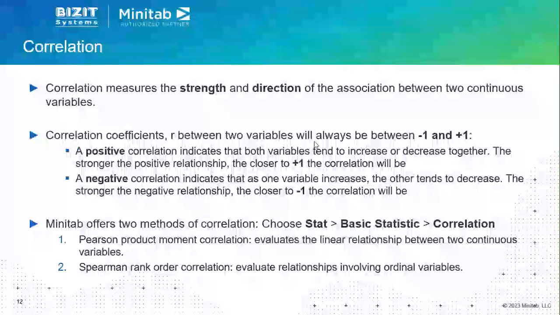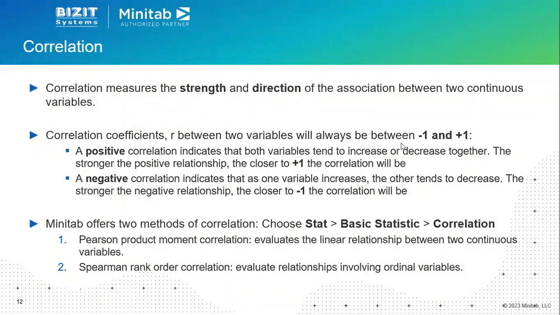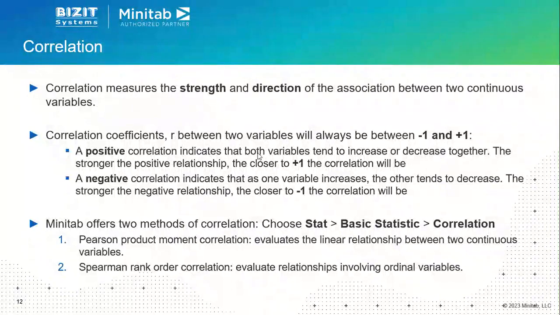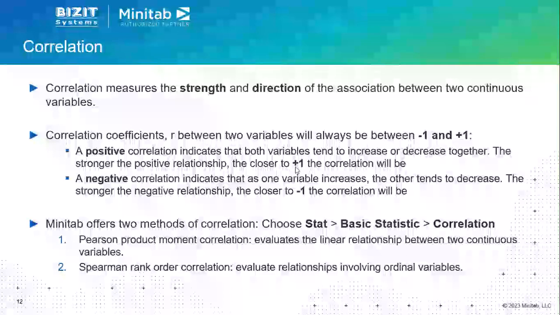The value of R is between -1 and +1. If your R is a positive correlation, it means that both variables tend to increase or decrease together, so R will be a positive value.